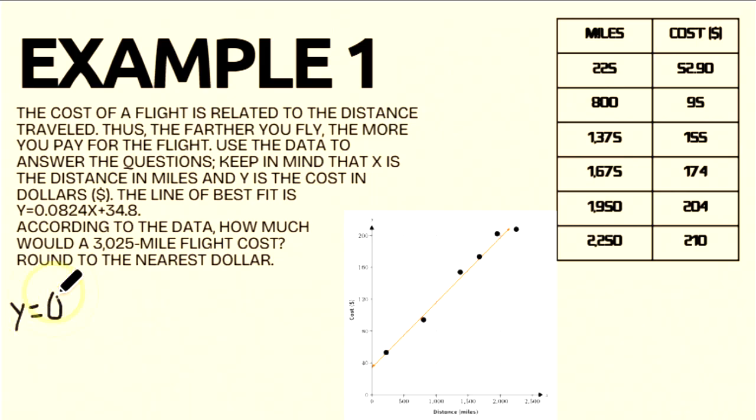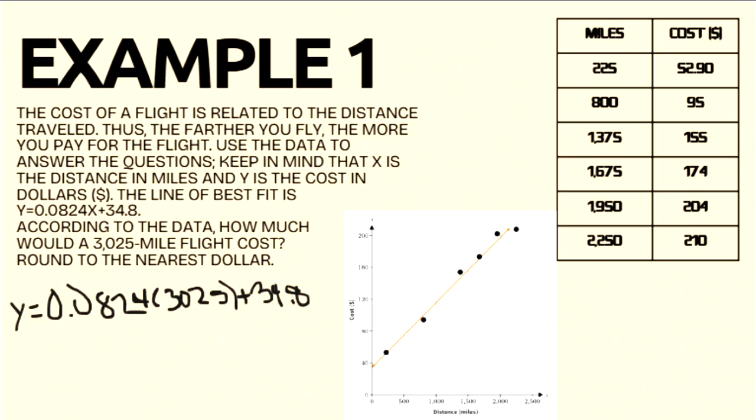Y equals 0.0824 times our x this time is 3,025 plus 34.8, which is our y-intercept. Let's bust out our calculator.